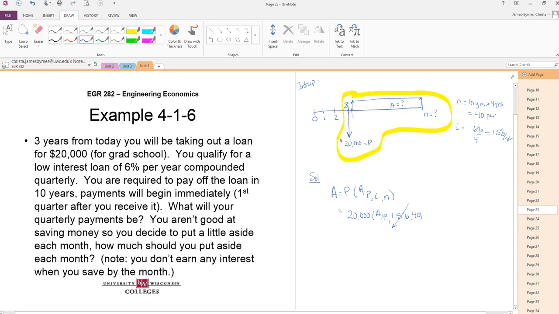Sure enough, I got a table of 1.5. I look up 40. It's 0.0334. So every quarter, I have to come up with $668 per quarter. That's the answer.